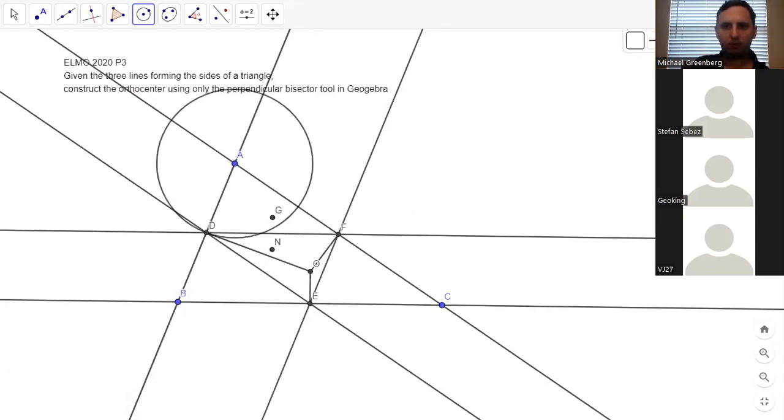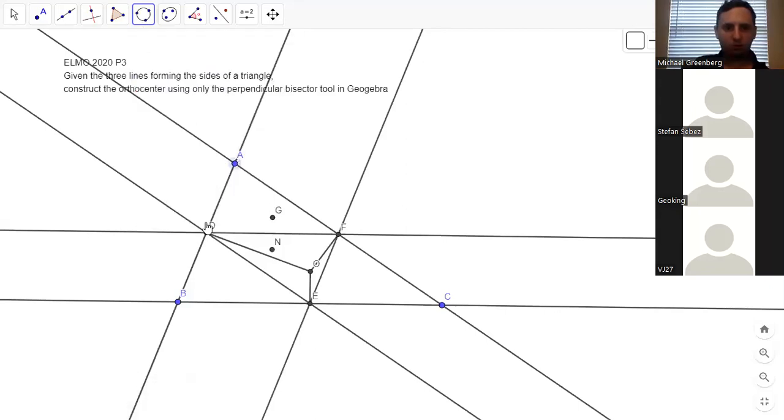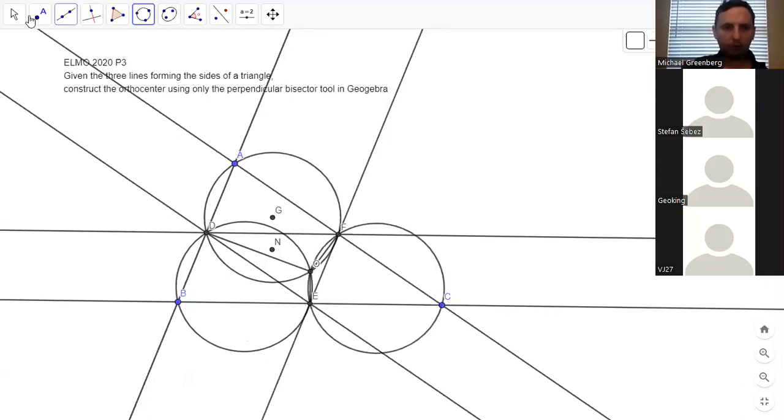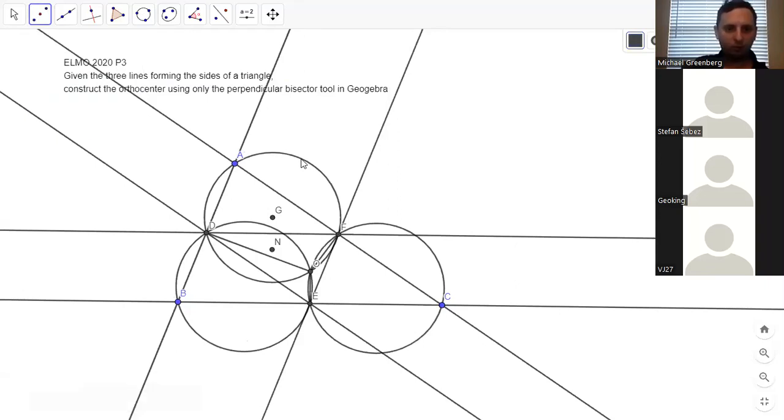Okay, I'm going to just draw these. If I draw the centers of all these, those are the midpoints of AO, BO, and CO.